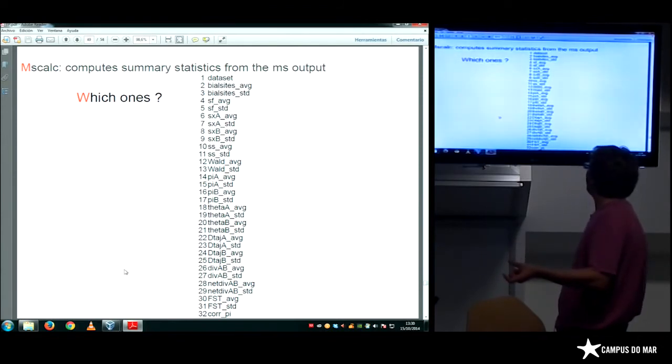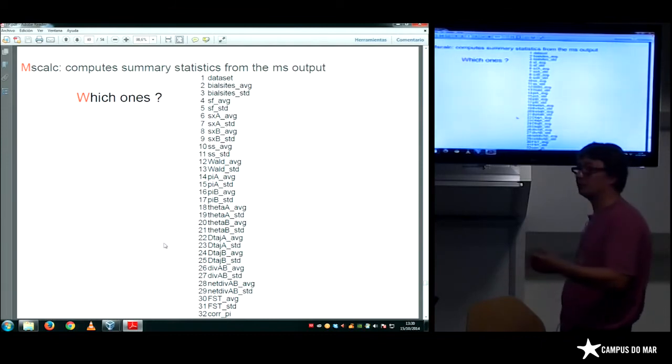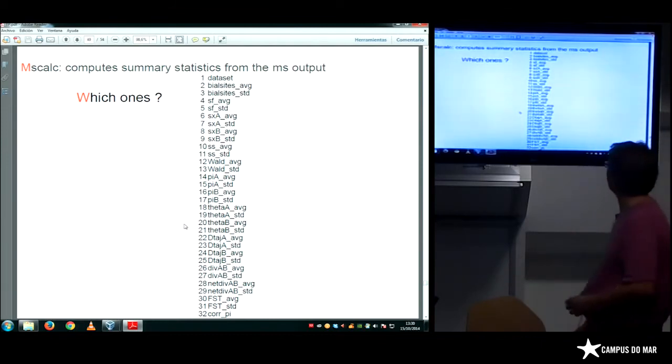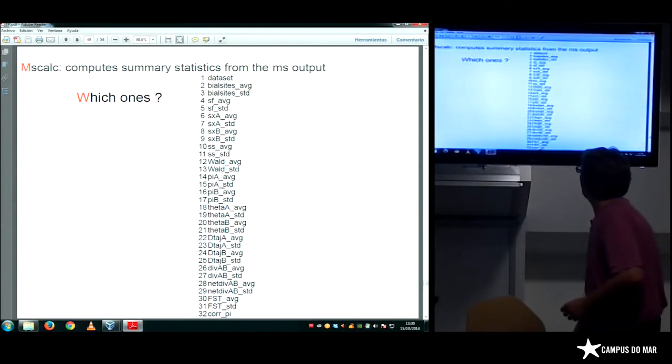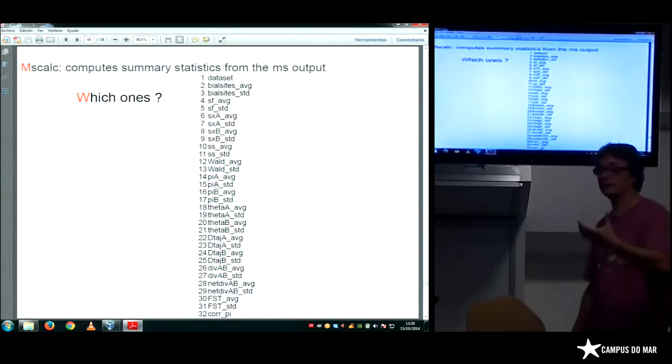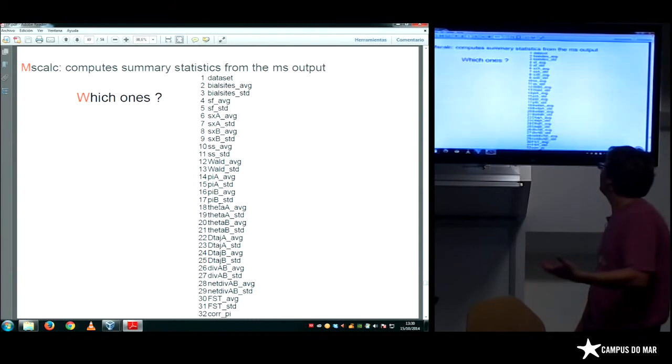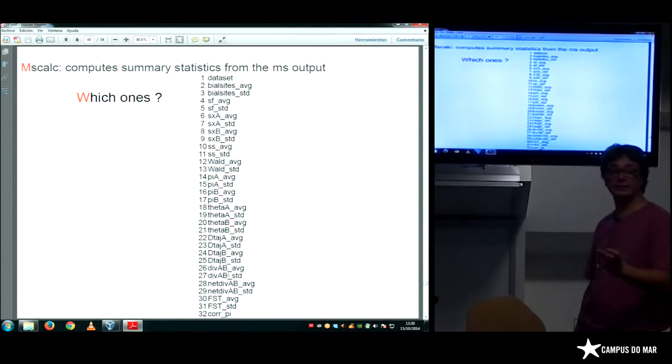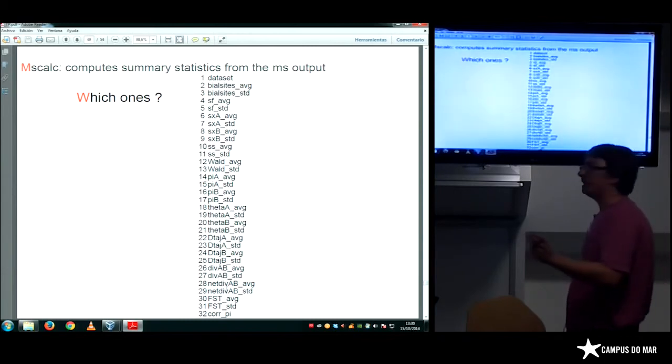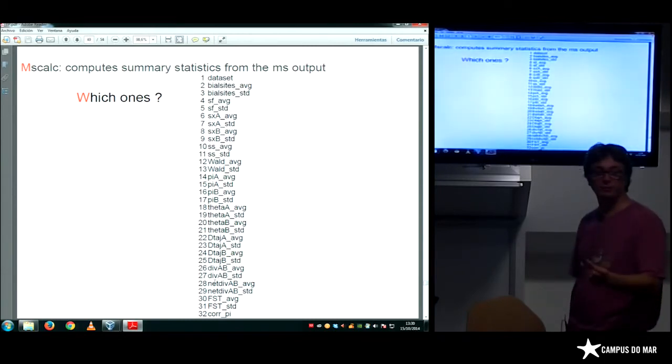And here you have plenty of standard statistics in population genetics. The pi, the nucleotide diversity, theta, the Watterson estimator of theta, the Tajima's D, the divergence between populations, also called DXY, the net divergence, sometimes called pi d.